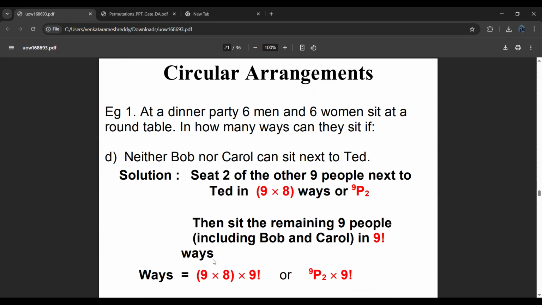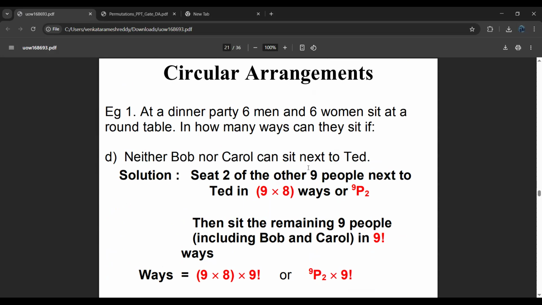Next one, circular arrangements. Neither Bob nor Carol can sit next to Ted.